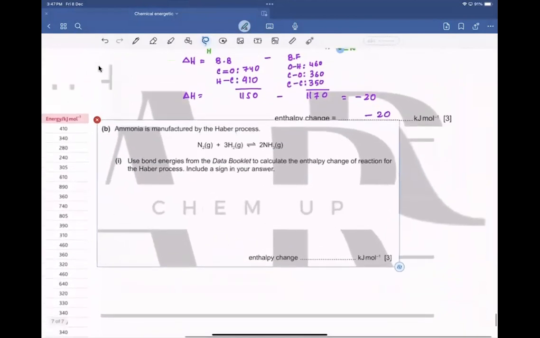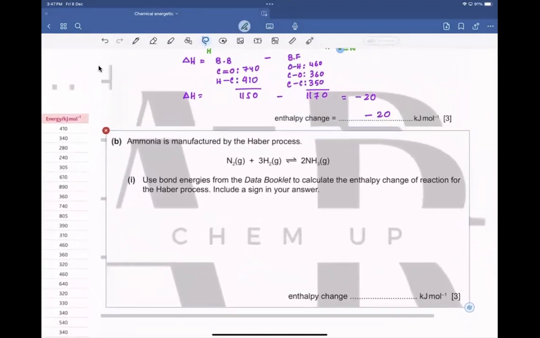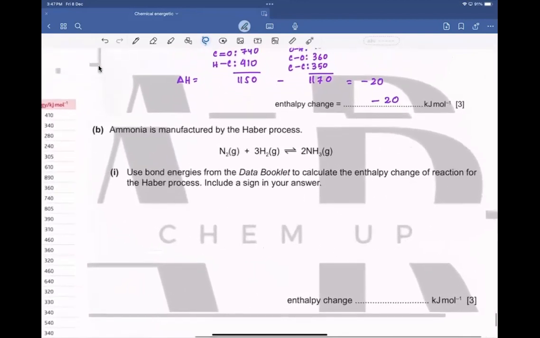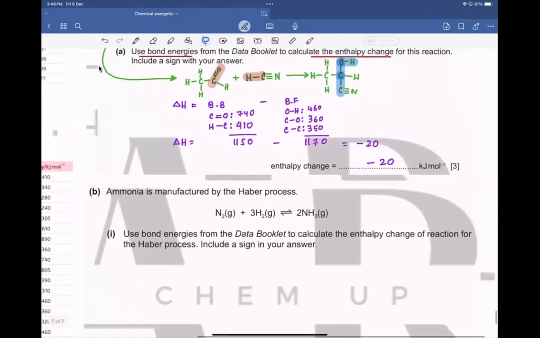Now here you go. Now can you guys do this question? In the first step we have to do the same thing that we did over here.